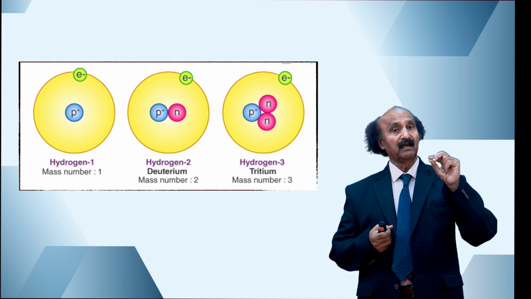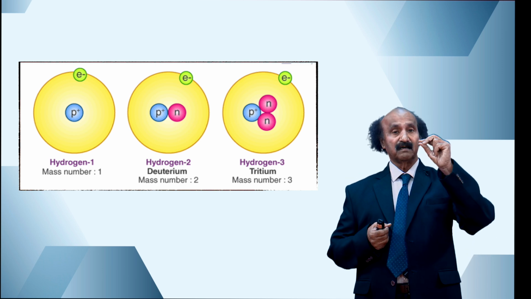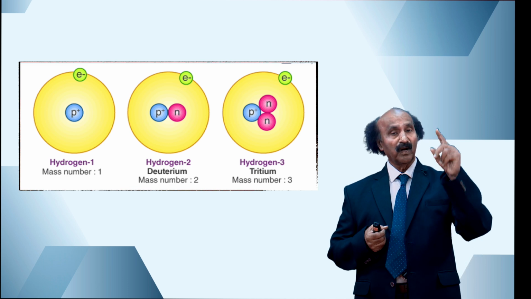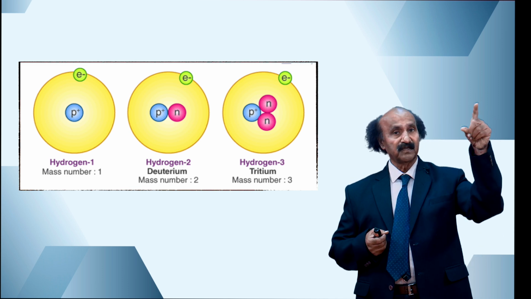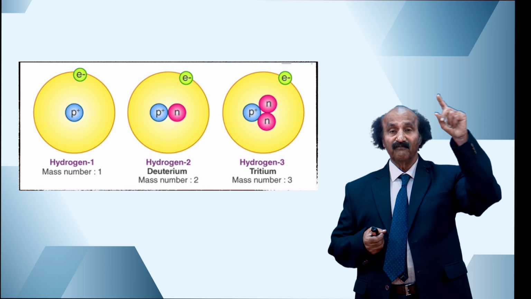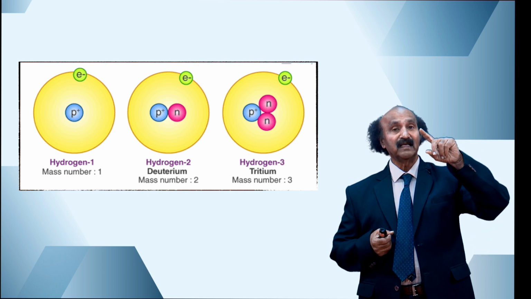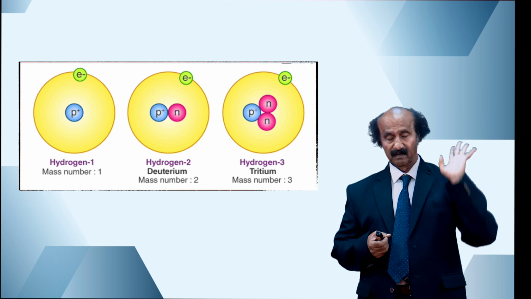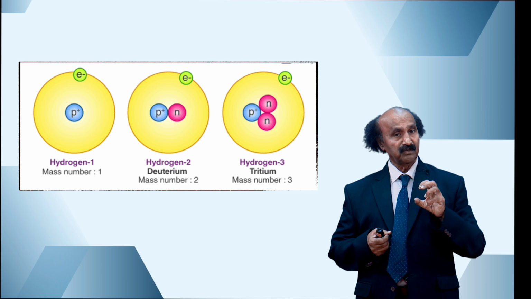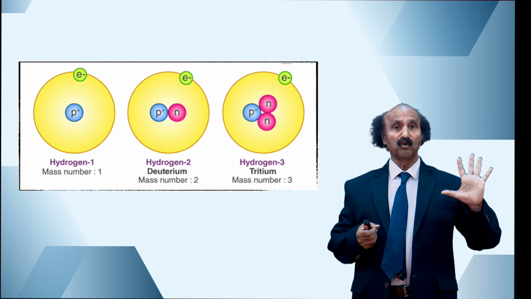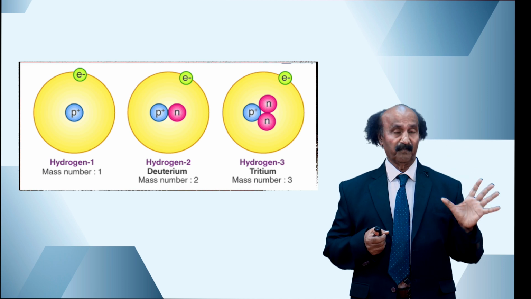In ordinary hydrogen, which is abundant in nature, you have one electron running around the nucleus, very much similar to the earth running around the sun. In the nucleus, you have only one proton. That is the most commonly available hydrogen.